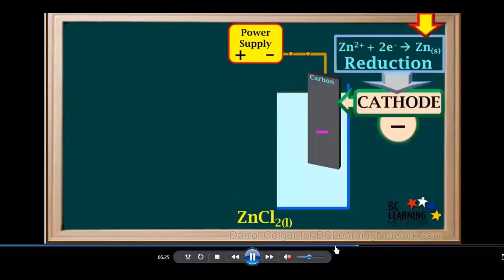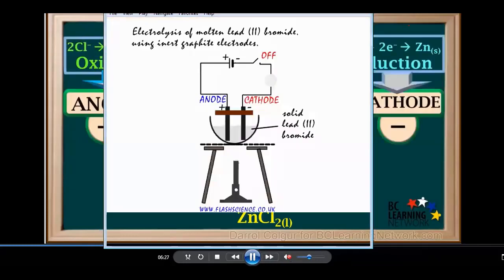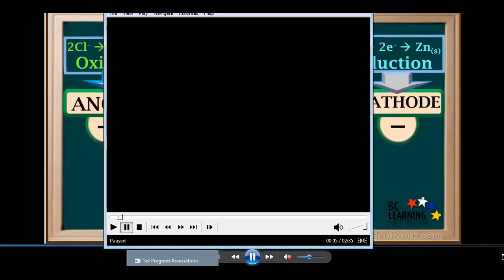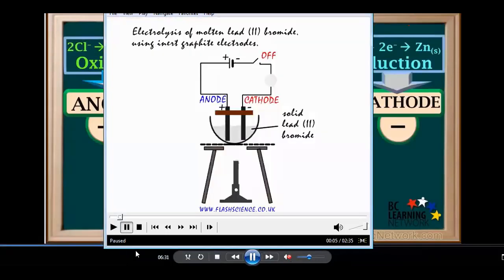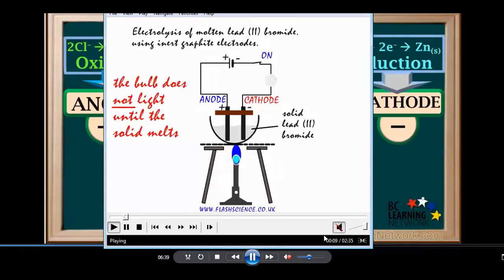So let's take an example: electrolysis of molten lead bromide, PbBr2.